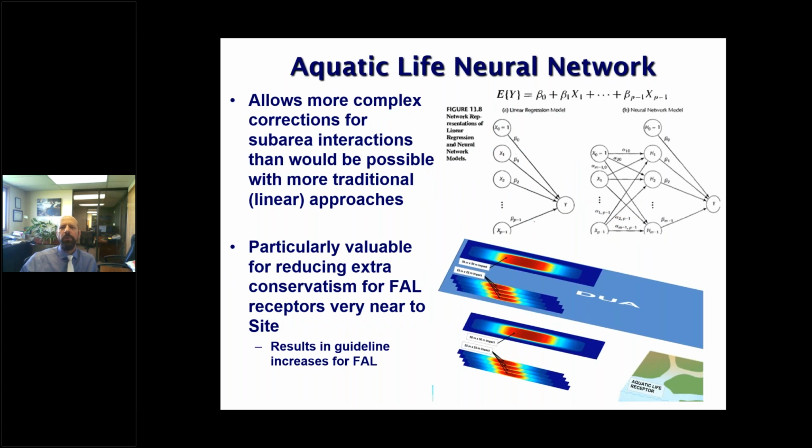A neural network algorithm has been included that allows reducing some of the extra conservatism that was present in version 2.53, where it was just there due to the complexity of the modeling. But now with this more elaborate method using the neural network, we've been able to remove some of that conservatism, which helps increase some of the guidelines appropriately where multiple subareas are relatively near aquatic life receptors.